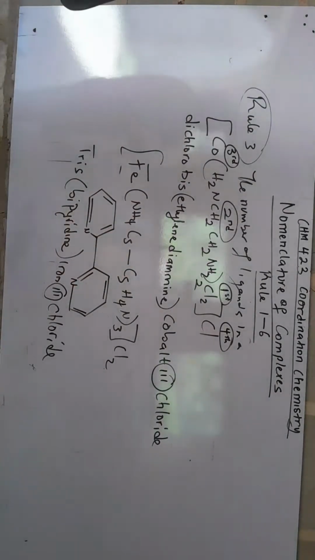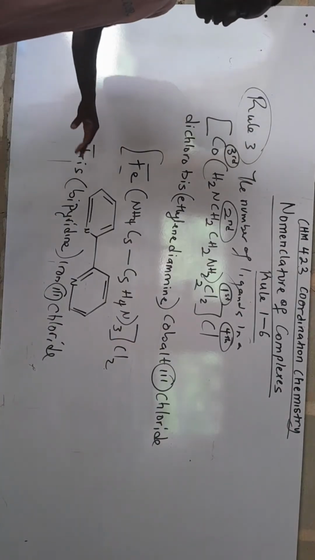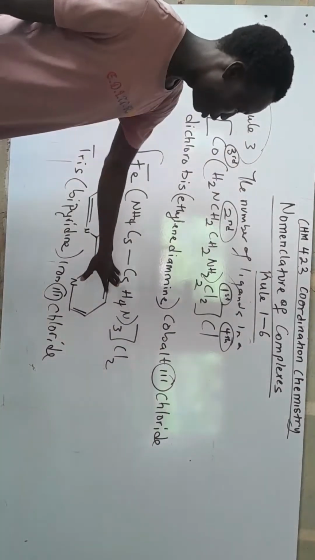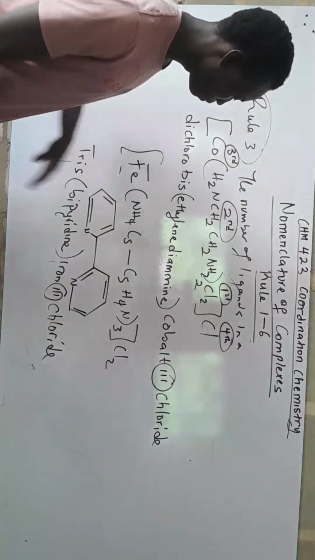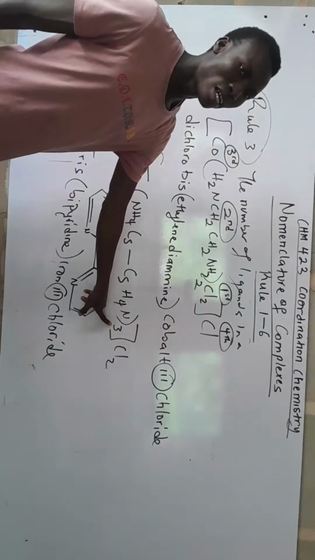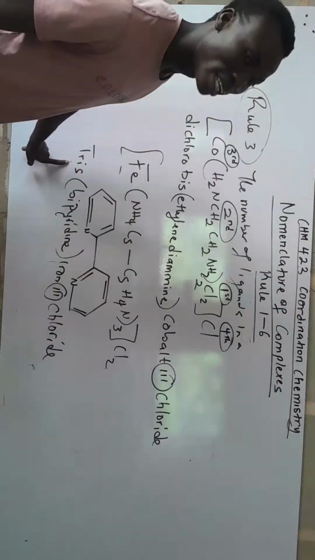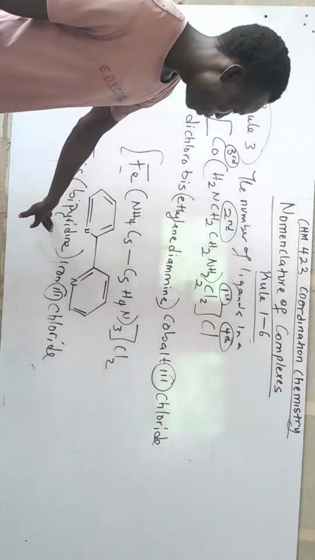Now, there is something I want you to know in this place. The structure that you are actually seeing in this place, this expression here, tris is the 3 that you have here. Take note of that. This is 3, this is tris, okay? Bipyridine.